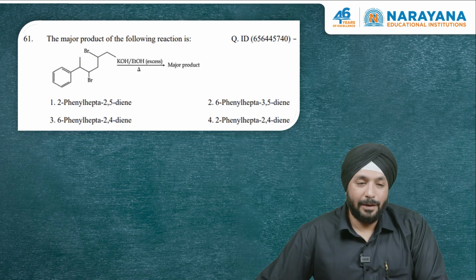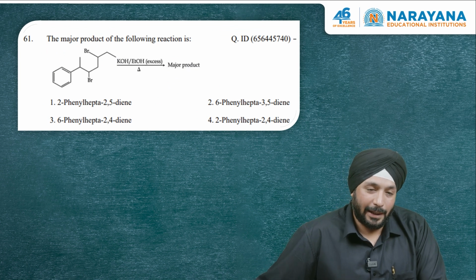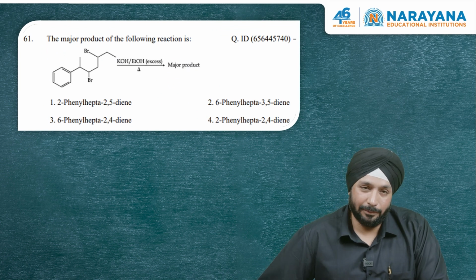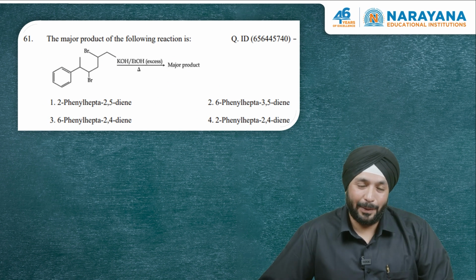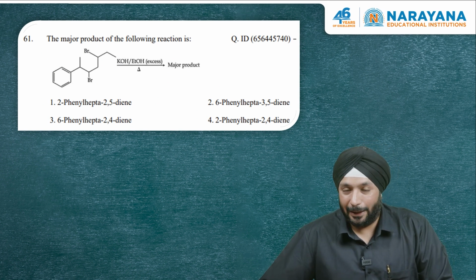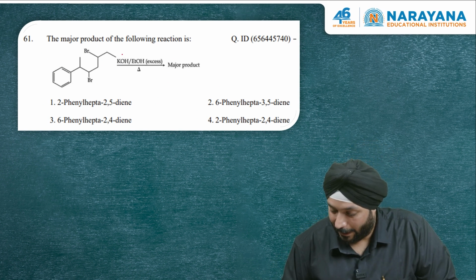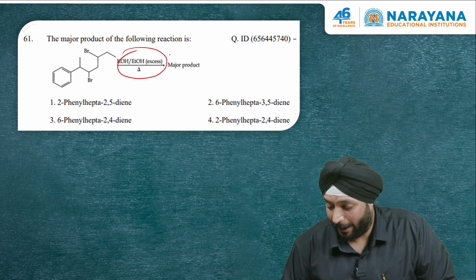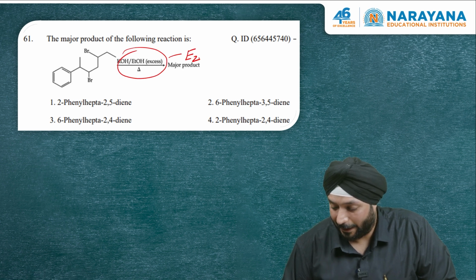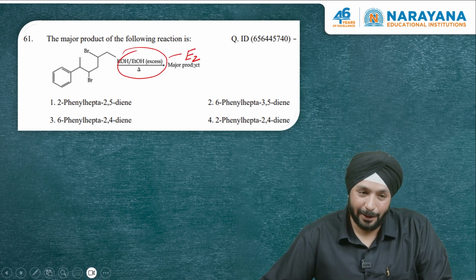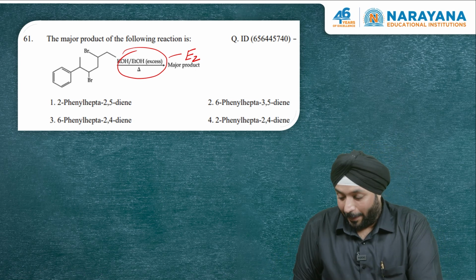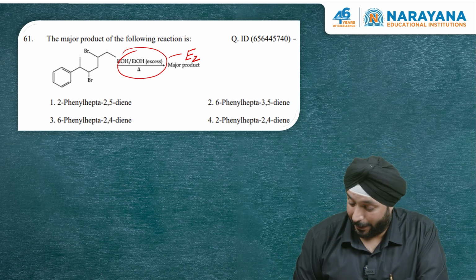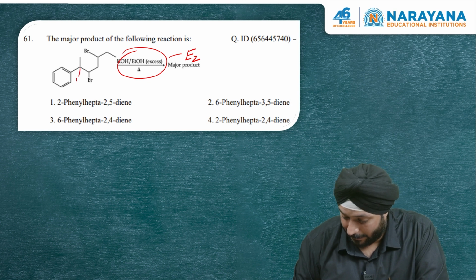Question 61. The major product of the following reaction is a very beautiful question, and you should make the most stable alkene over there. This is alcoholic KOH, and we know that alcoholic KOH will undergo an elimination reaction, which is E2 elimination. Now understand, first I should get the alkene over this position.